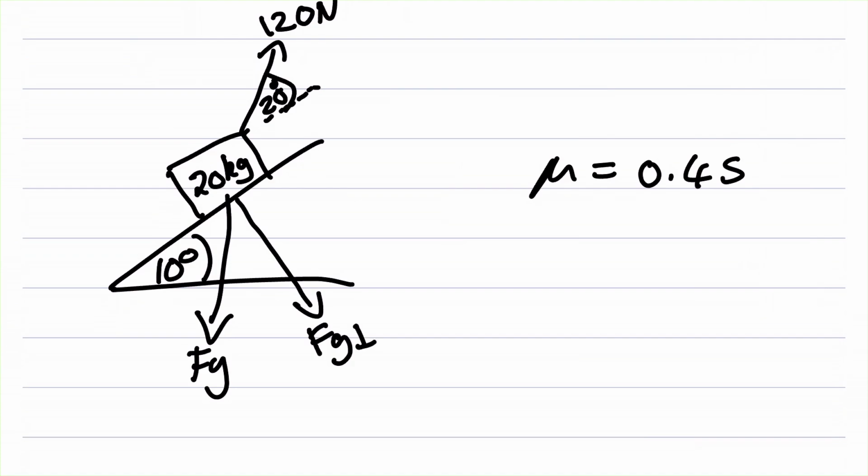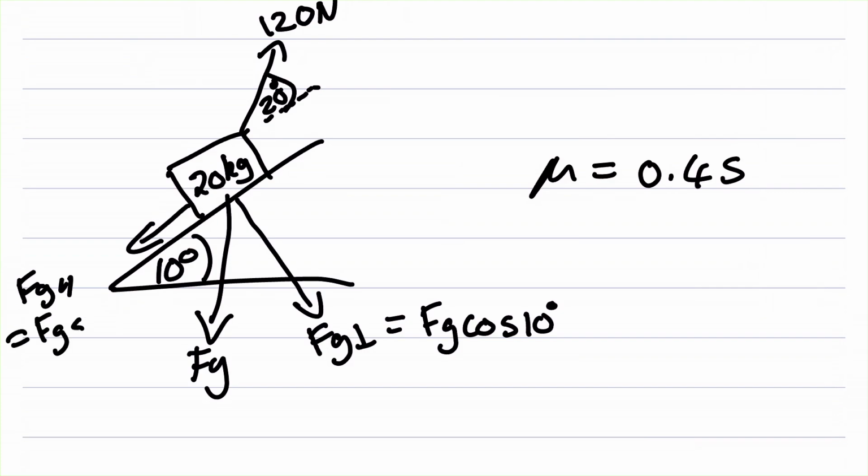Fg perpendicular is equal to Fg cos 10 degrees, and Fg parallel is equal to Fg sine 10 degrees. We also have frictional force, which is the coefficient of friction times the normal contact force. And then we have the normal contact force, which is opposing gravity.